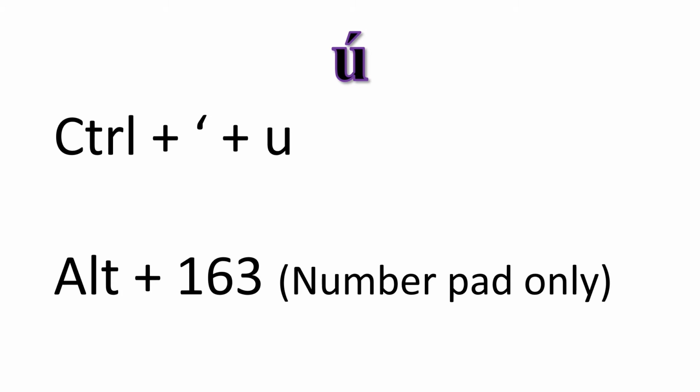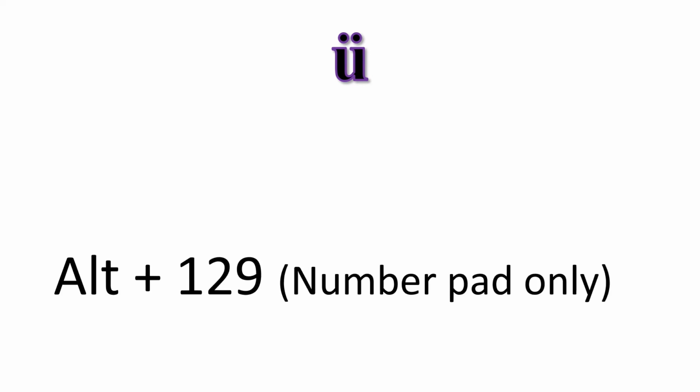U with an accent is Control apostrophe and U, or Alt 163 or Alt 0250 on the number pad. This little U with the umlaut, which is sometimes used in Spanish, is Alt plus 129 or Alt 0252 on the number pad.